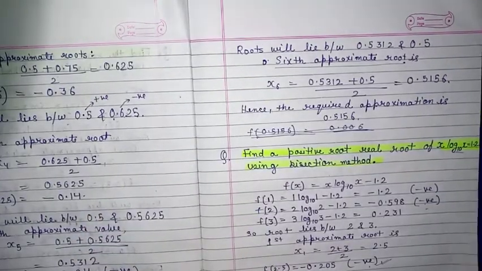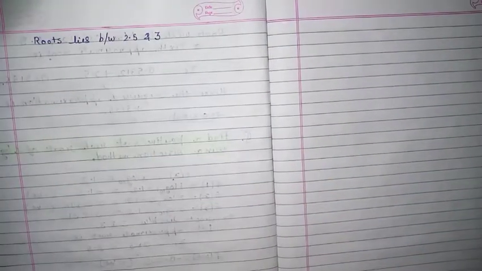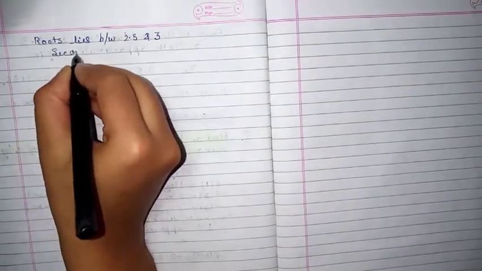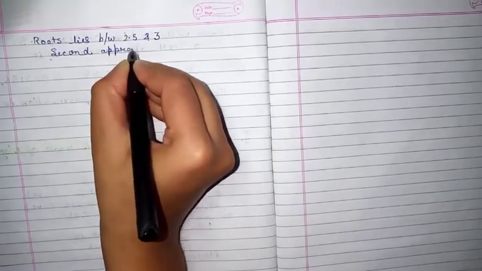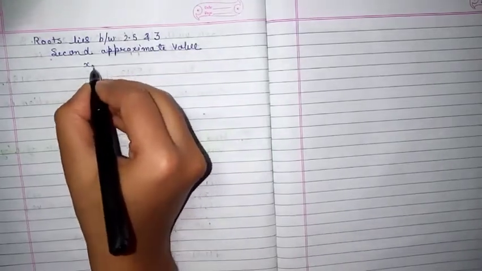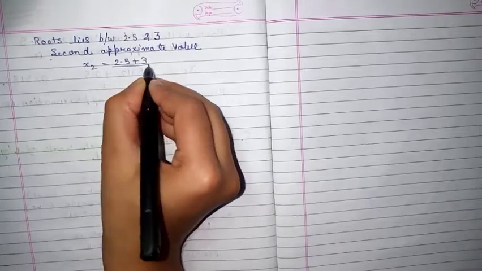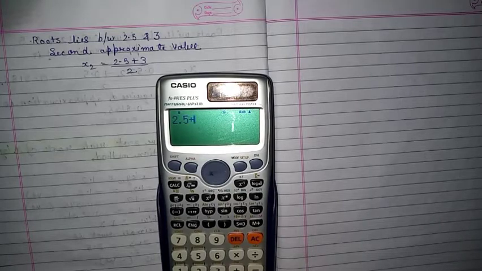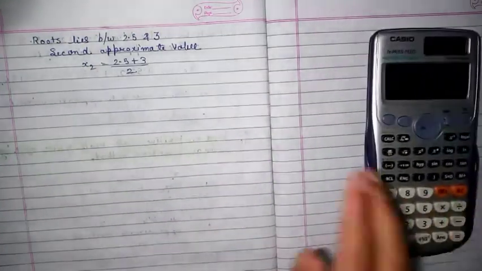So we write that the root lies between 2.5 and 3. Now we will find the second approximate value: x2 = (2.5 + 3)/2, which is 2.75.